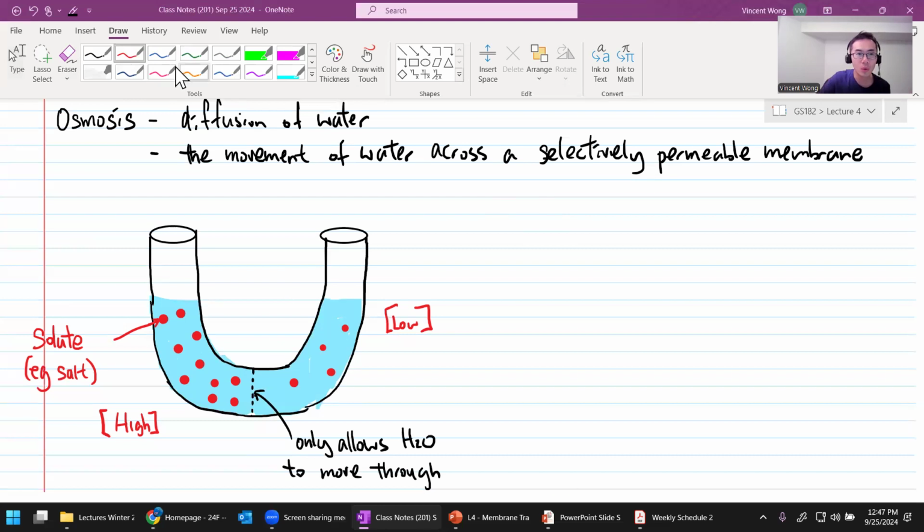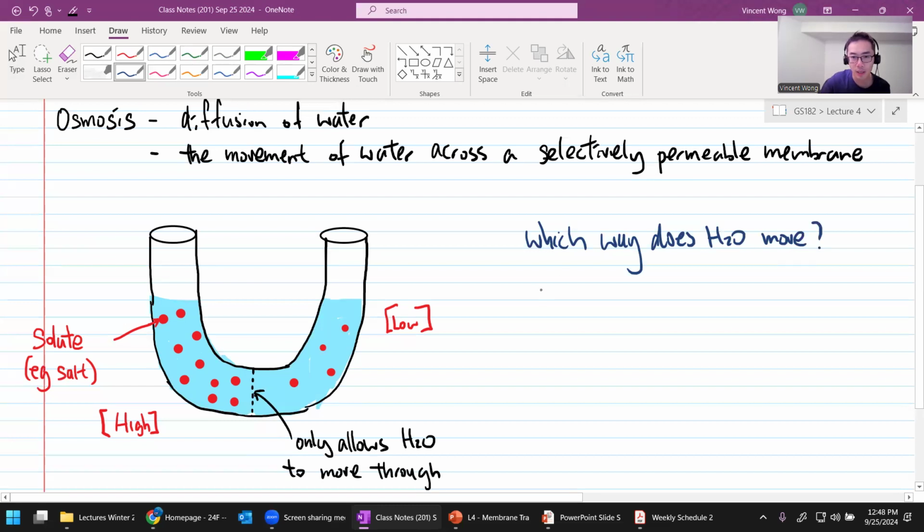So which way will water move? Remember, the red dots cannot move. So what do you think? Is it going to move to the left? Is it going to move to the right? Let's quickly do a poll here. I'm going to tell you it's going to move, but you think about which way it is going to move.